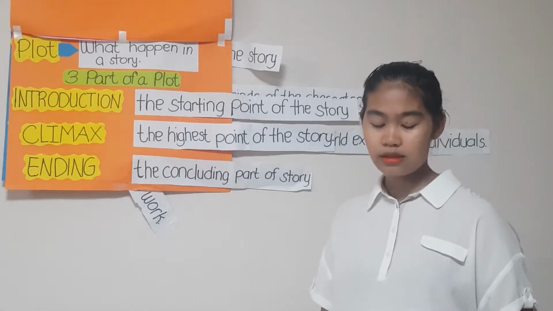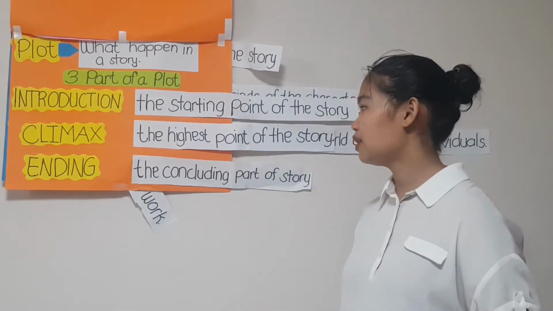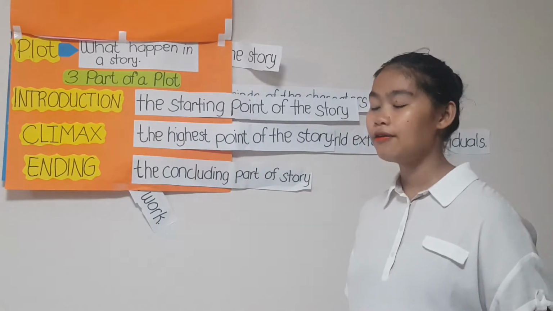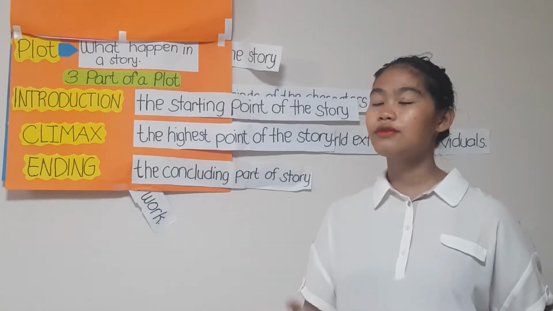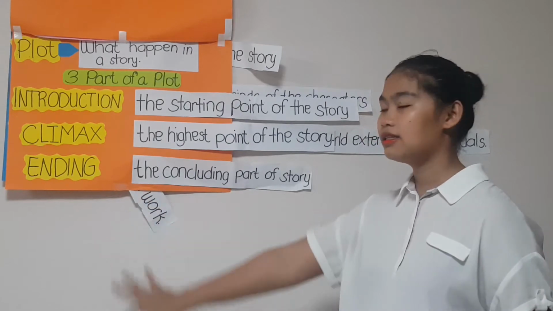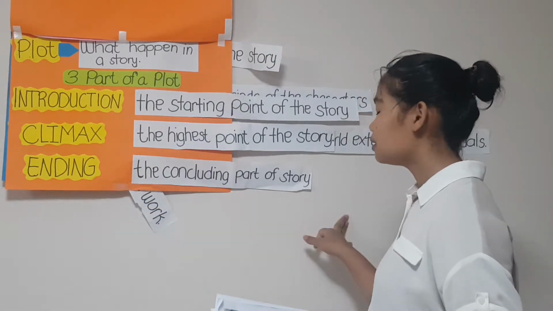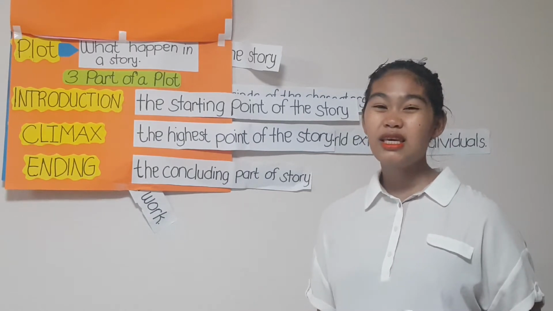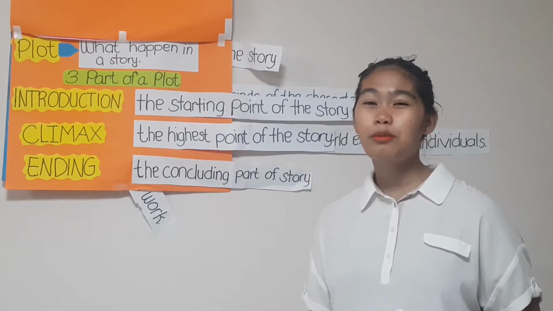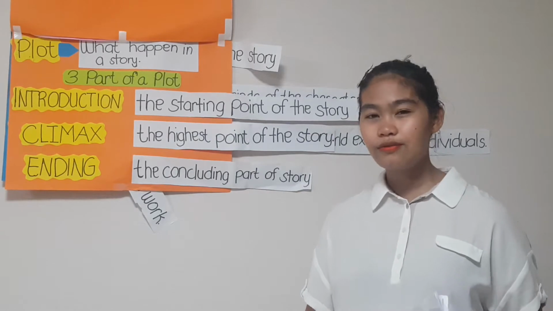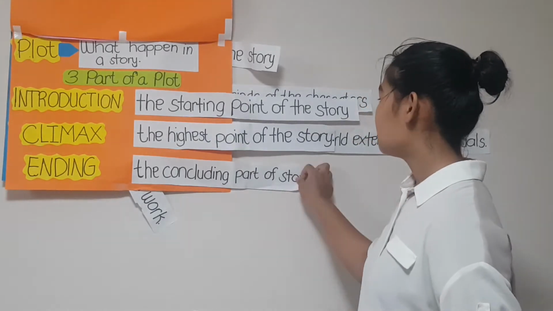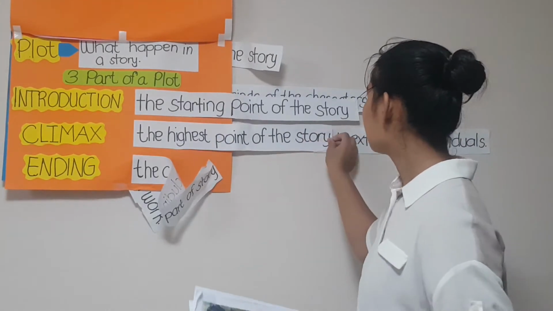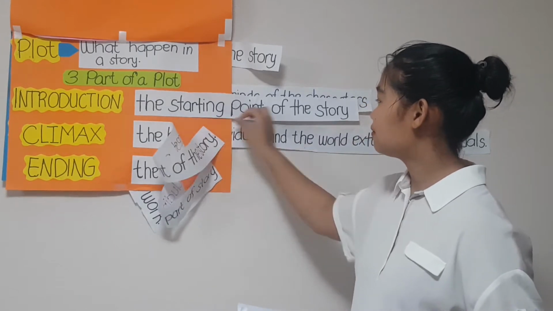The climax is the turning point of the story, the middle happening of the story. And then the ending. The ending is the concluding part of the story. It could be a happy ending, a sad ending, a mournful ending, a beautiful ending. So those are the three parts of a plot.